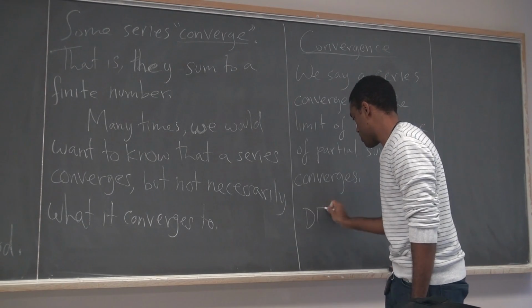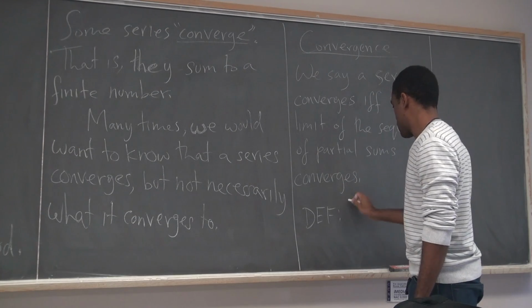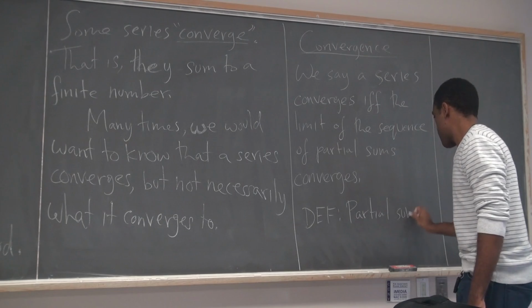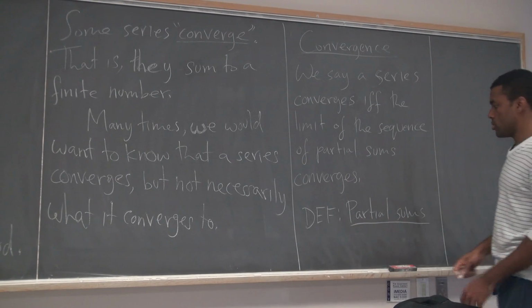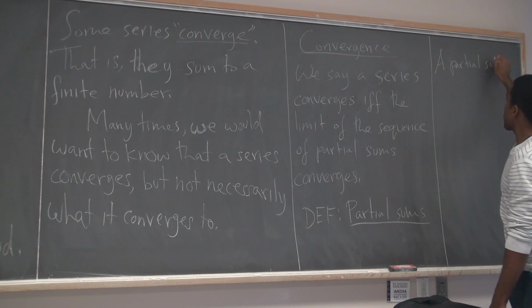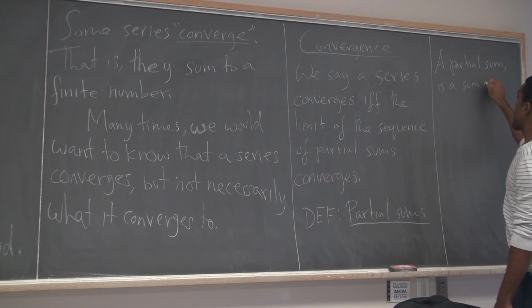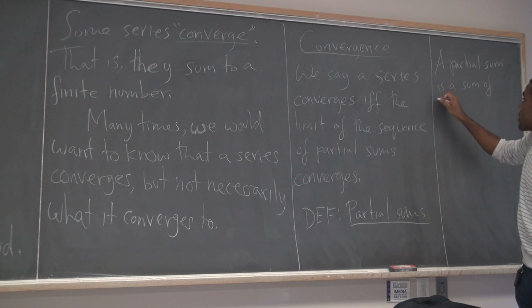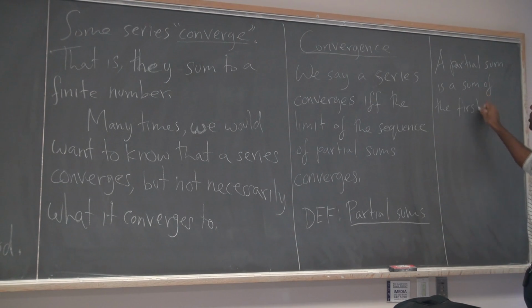Let's talk about partial sums. A partial sum is a sum of the first, let's say, n terms in a series. The terms are usually denoted Sn.